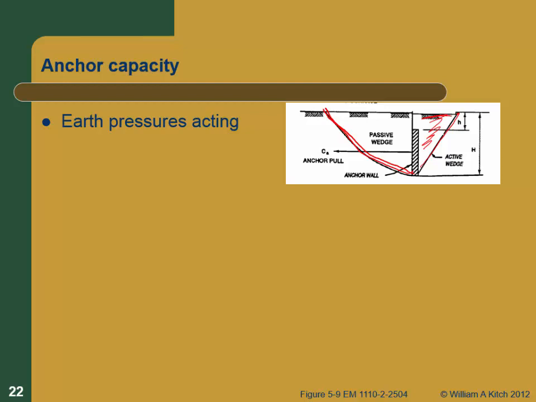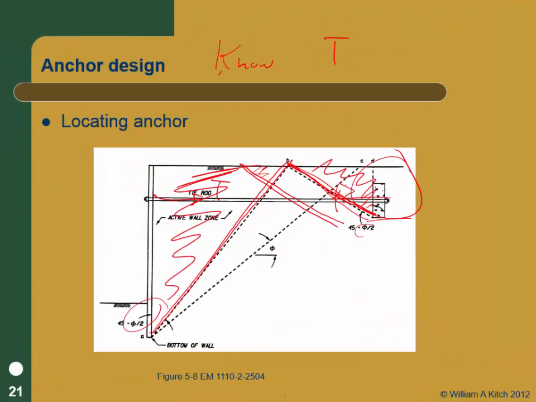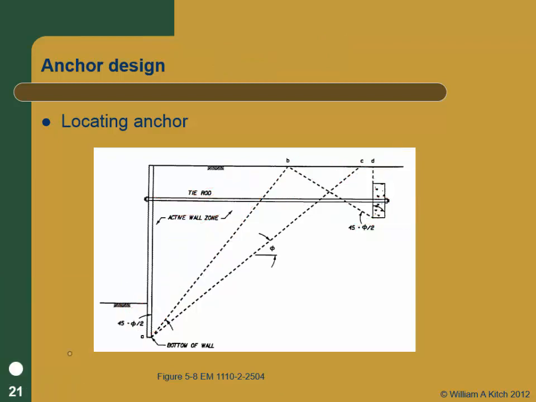We're going to get more of a log spiral wedge, which is why, by the way, it is conservative to assume this interaction, because this failure surface is actually going to come out shorter than that.